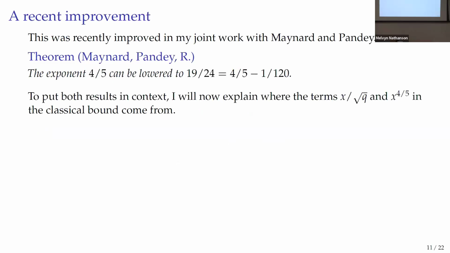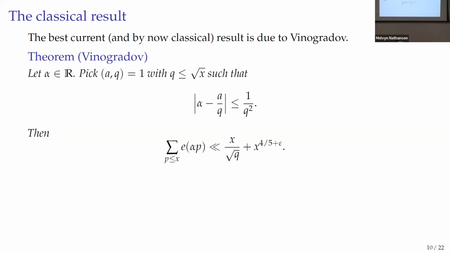Okay. So here is kind of the main result that this talk is about. We can improve this exponent a little bit. So we can lower this 4/5 of Vinogradov by basically 1 over 120. And the point is that it's just the first improvement in a long time.